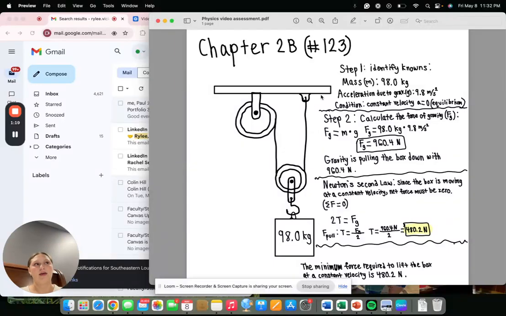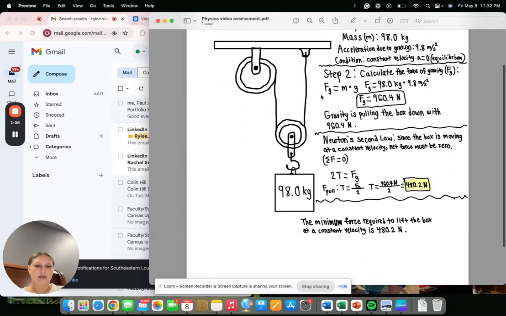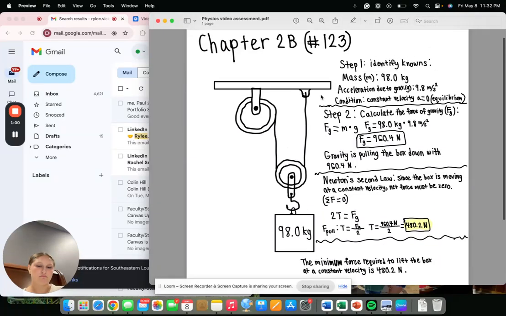So then the tension would be 960.4 newtons, which we found, divided by 2. That would give us 480.2 newtons. So that means the minimum force required to lift the box at a constant velocity is 480.2 newtons.